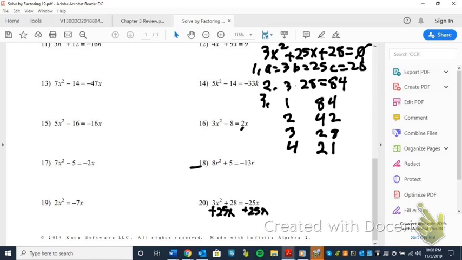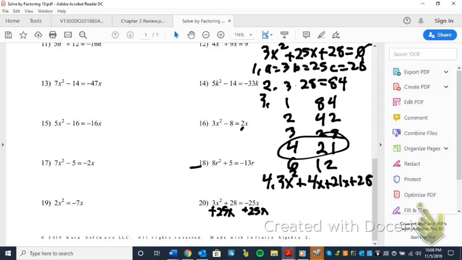Now I know that's my answer, but I'm going to keep going. 6 and 12, okay? So I have 4 times 21, so I'm going to rewrite the equation. 3x squared plus 25x, but instead of 25x, I'm writing 4x plus 21x plus 28 equals 0. Group them up for step 5.